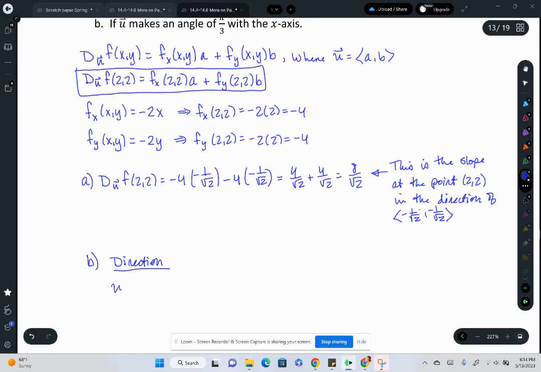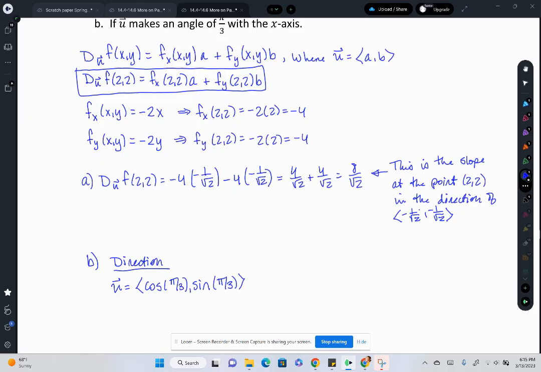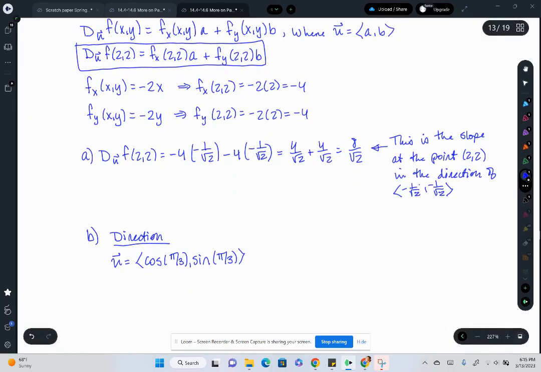That means that u is equal to a vector with components cosine of pi thirds and sine of pi thirds, because all they gave me was the angle. They didn't tell me the numbers that go in my unit vector. And I can calculate these. Cosine of pi thirds gives me 1/2, and sine of pi thirds is root 3 over 2. Okay, that's my unit vector.